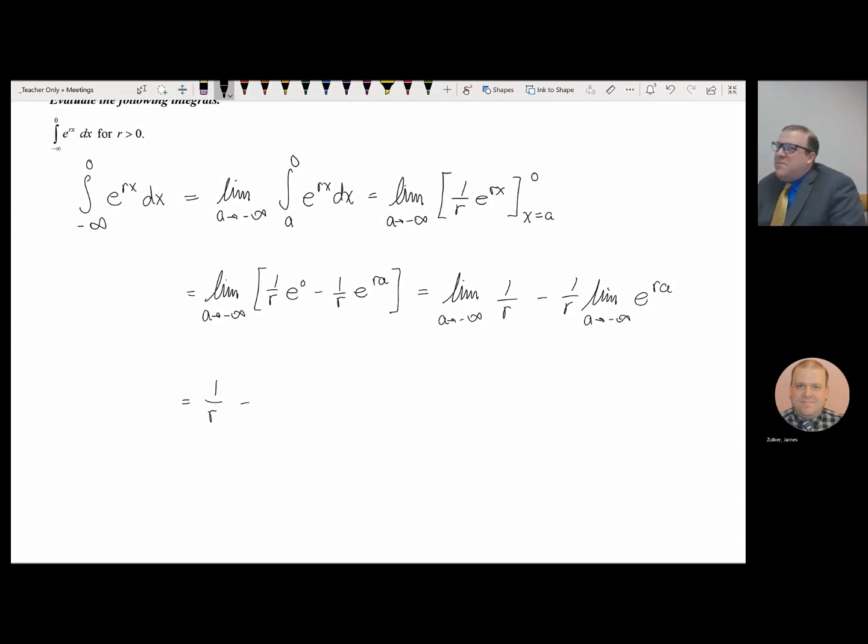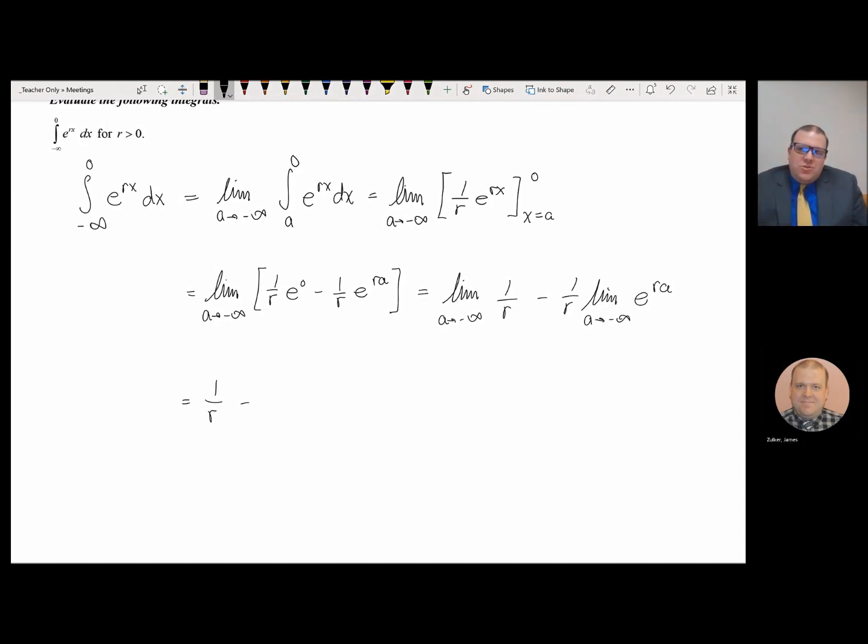R is going to be some fixed value. Let's say 1. The argument's going to be the same no matter what value of r you choose. If a approaches negative infinity, the negative tells you what? It's just going to flip, isn't it? It's going to be the reciprocal. So keep that in mind.